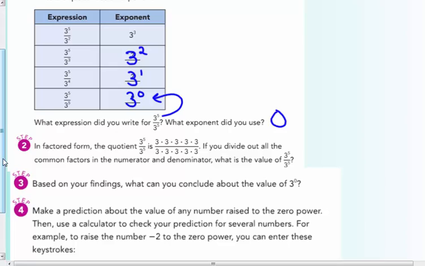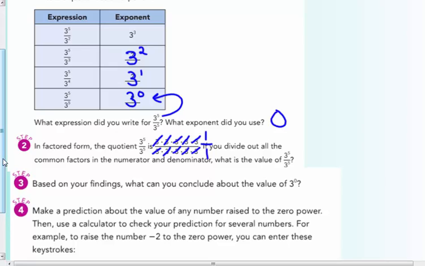In factored form, the quotient of 3 to the 5th over 3 to the 5th is using 3 as a factor 5 times in the numerator, using 3 as a factor 5 times in the denominator. If you divide out all the common factors, well, I'm going to do that here. I can cancel from numerator to denominator. I have only 1 over 1 left.